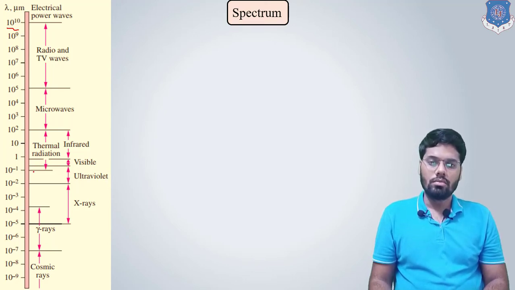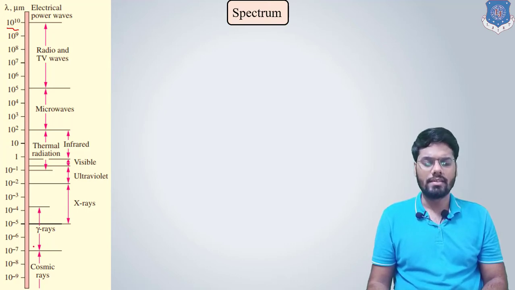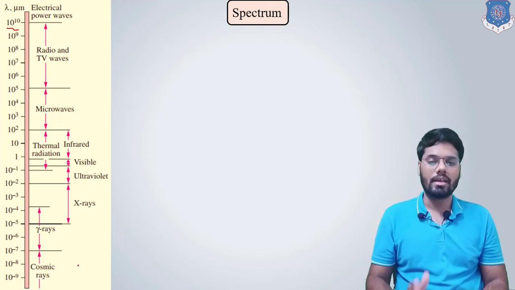From 10 raised to minus 1 to 10 raised to minus 4, nearly 10 raised to minus 2, it is known as the ultraviolet. From 10 raised to minus 2 to 10 raised to minus 5, that is X-rays. From nearly 10 raised to minus 4 to 10 raised to minus 7, it is known as gamma rays, and 10 raised to minus 7 to 10 raised to minus 10, it is known as cosmic rays.